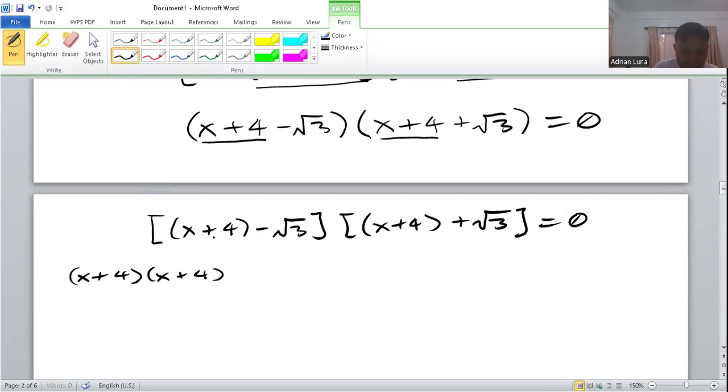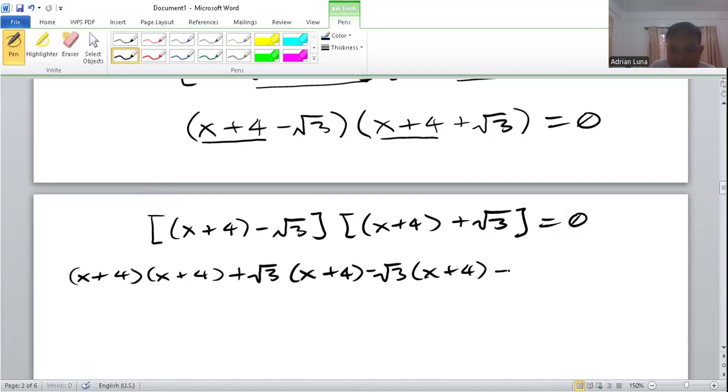Then, yung outer terms, the quantity of x plus 4 times positive square root of 3, positive square root of 3, times the quantity of x plus 4. Then, inner terms, negative square root of 3 times quantity of x plus 4. Then, yung last terms, negative square root of 3 times positive square root of 3.